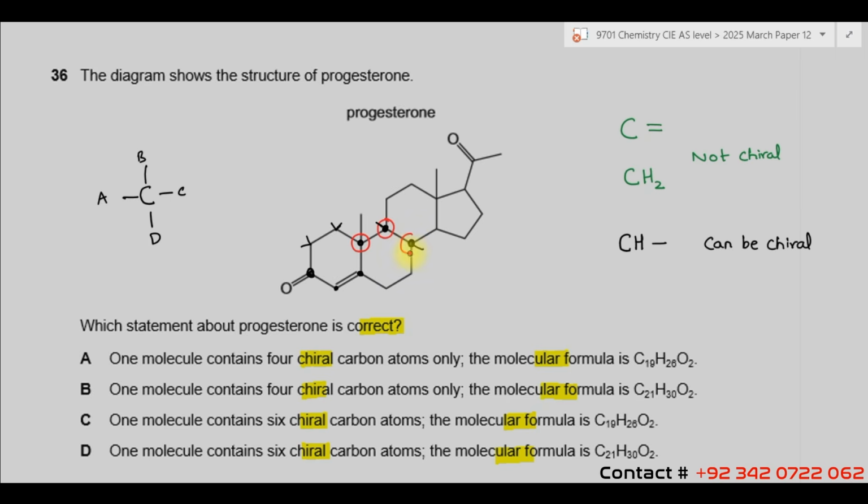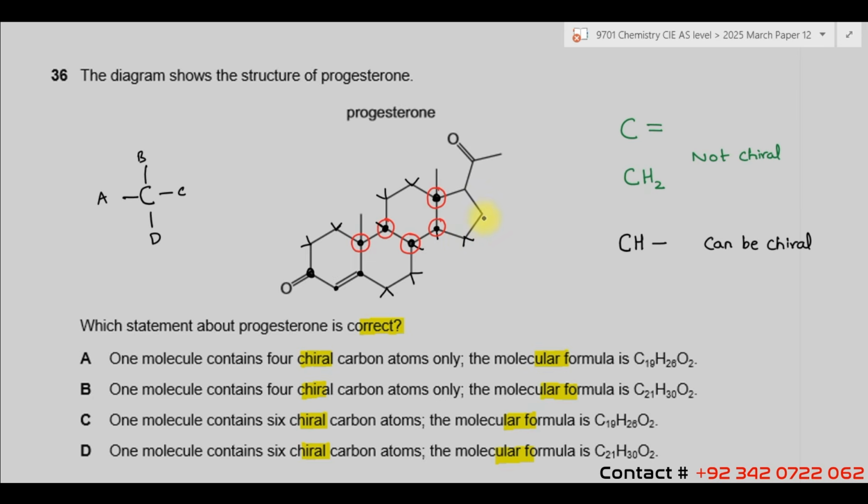So chiral. This carbon is attached to 2 hydrogen atoms, so these are not chiral. 2 hydrogens, not chiral. This carbon is attached to 4 different groups, so it is chiral. Again, this carbon also has 4 different groups, chiral.